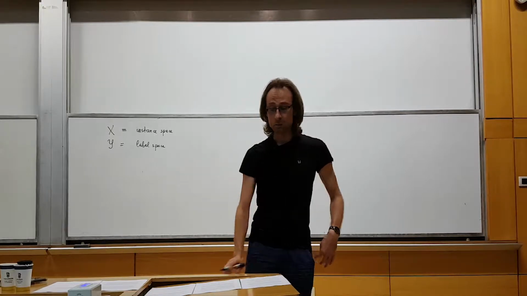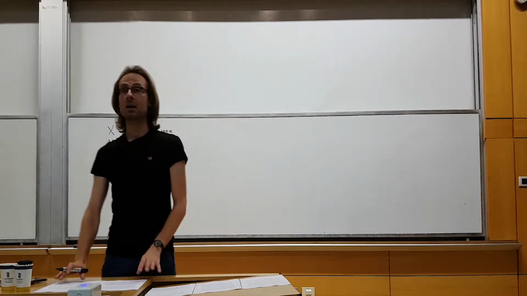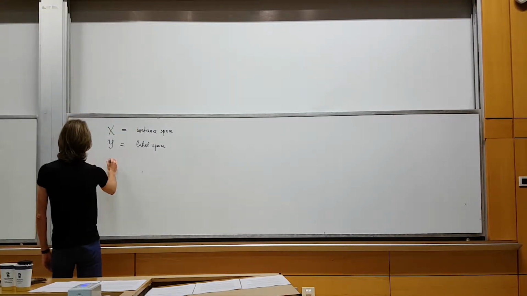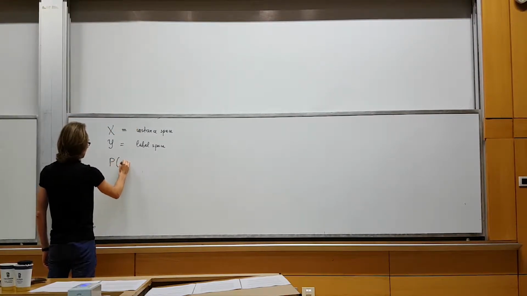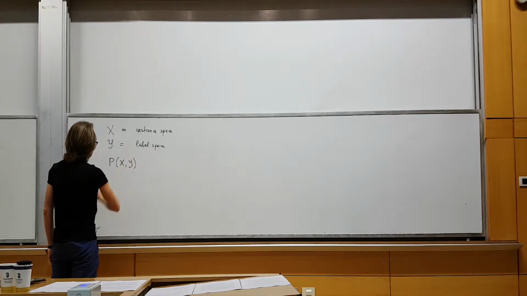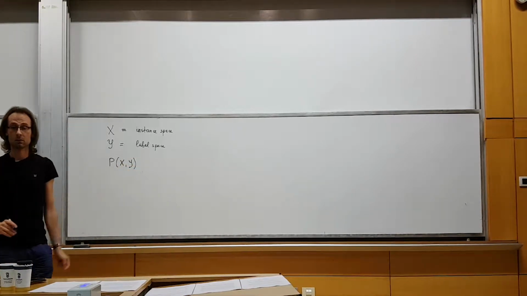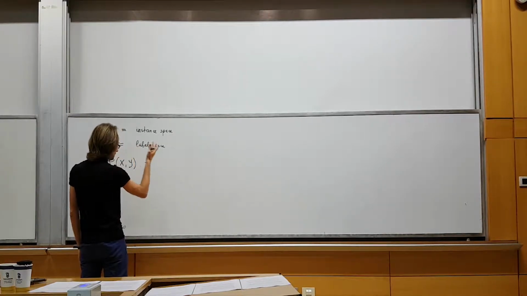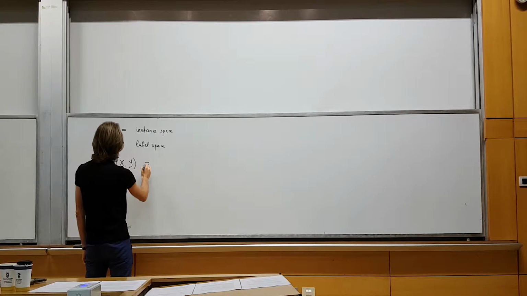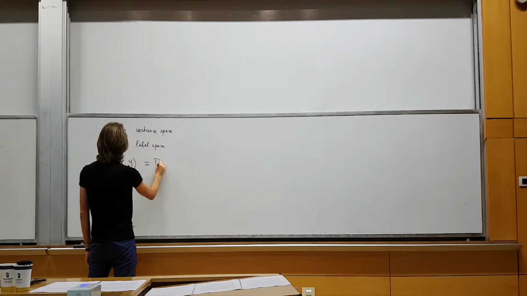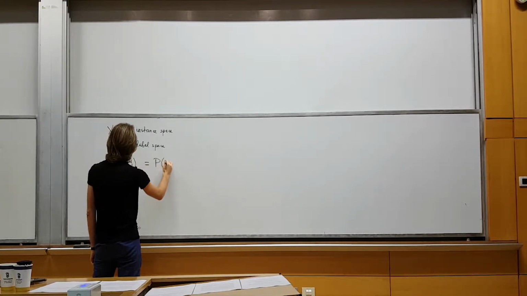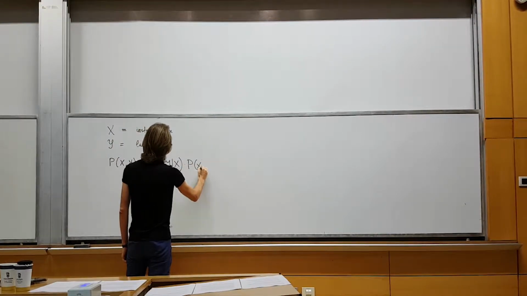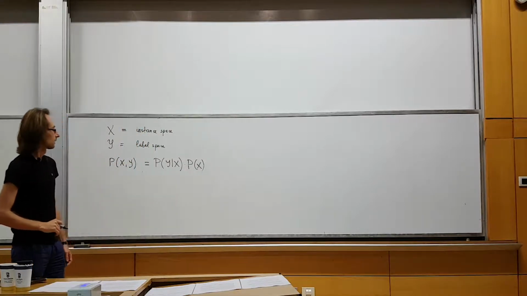Okay? And I would like to adopt from the beginning the probabilistic view. So I will assume that there is some joint probability distribution P(x,y) on X cross Y. Which of course, by Bayes' theorem, or actually it's not even Bayes' theorem, it's just the definition of conditional probability, can be factored into P(y given x) and P(x).